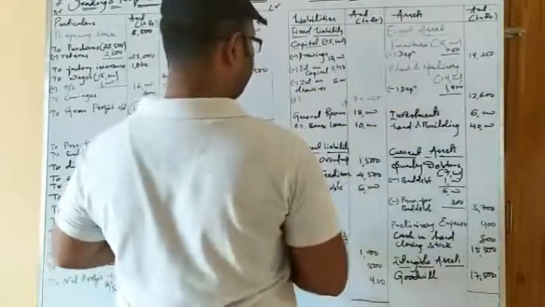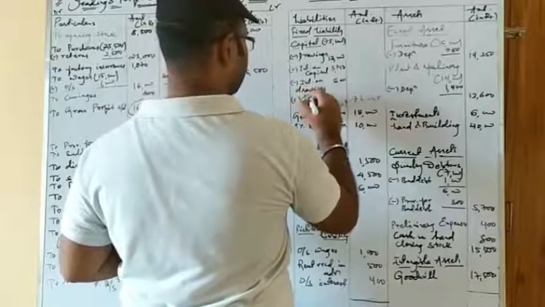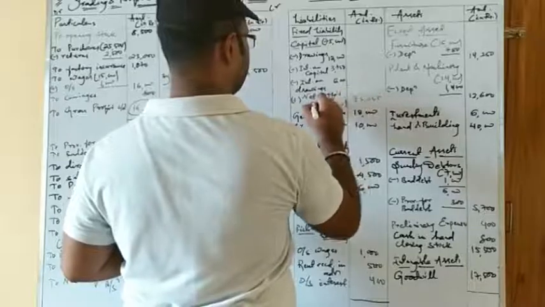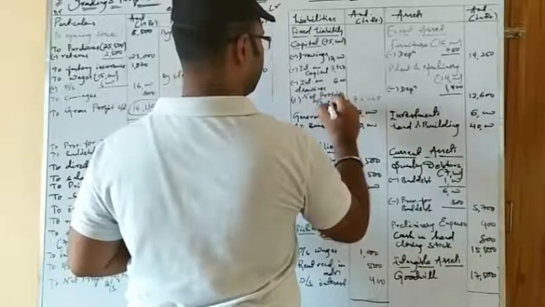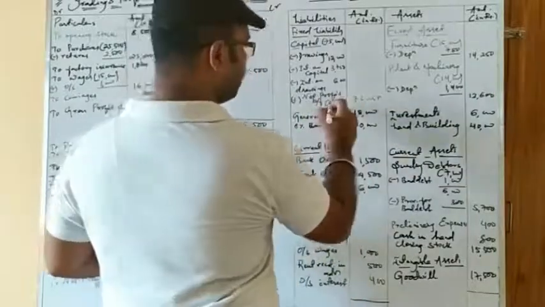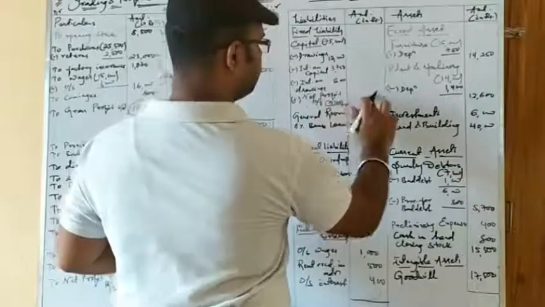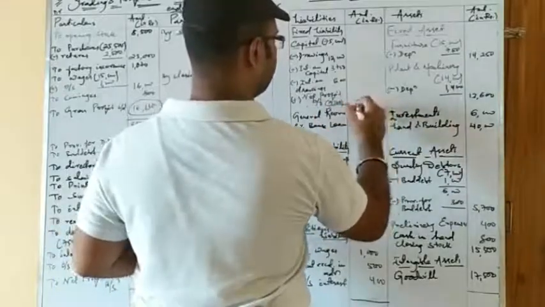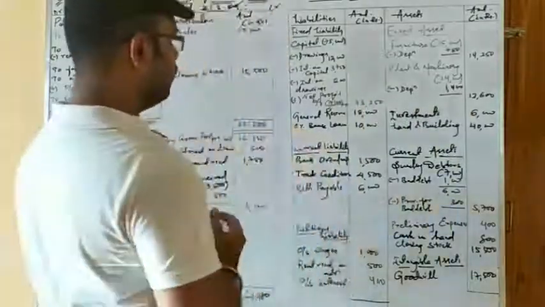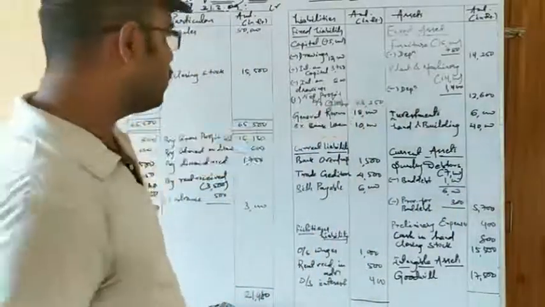Sorry, this is not visible. This is the net profit that we got, and this is the adjusted capital value, that is 73,250. The net profit is written small because of the space.